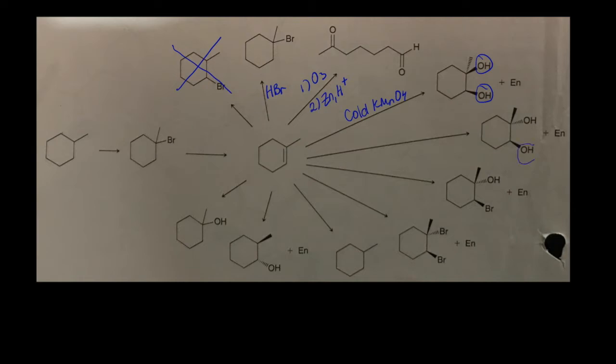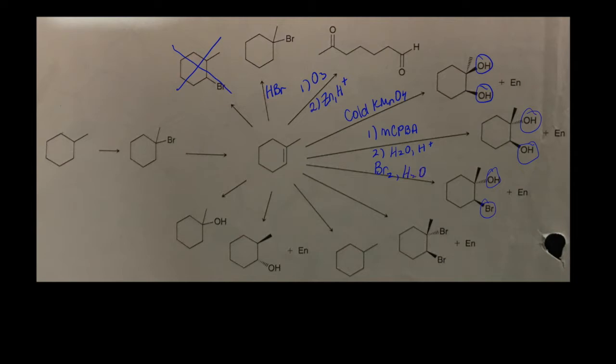Here we have an anti-dihydroxylation, so we can use MCPBA and then acidic workup. Here we've got a bromohydrin, so this would be bromine and water.